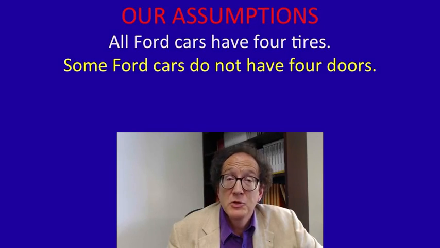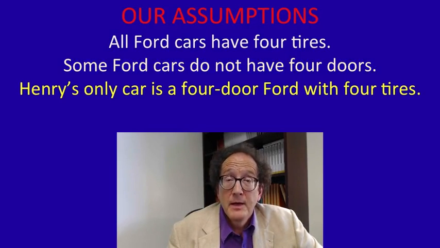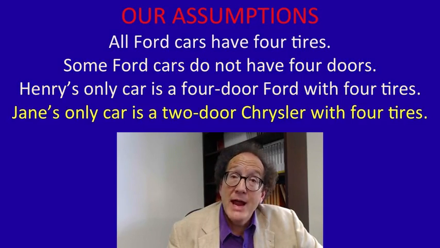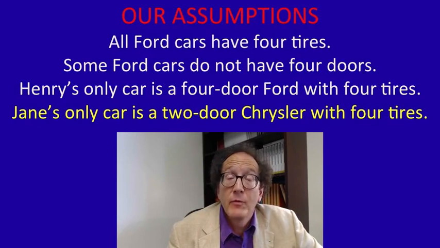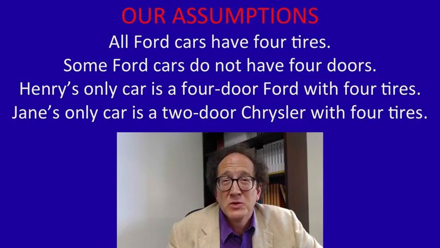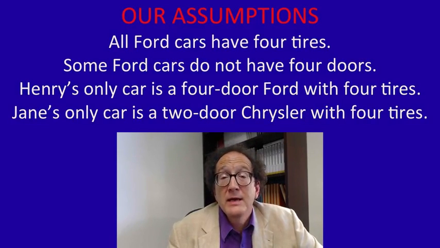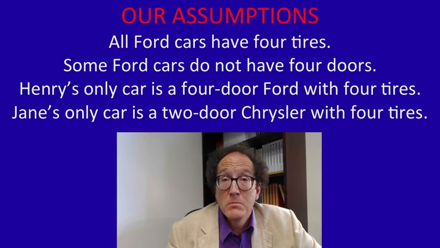We're also going to assume that Henry's car is a Ford that has 4 doors, and Jane's car is a Chrysler that has only 2 doors, not 4 doors. And we're just going to take those facts for granted and assume that that's the situation we're talking about. And then we can give examples of all the combinations that we discussed before.